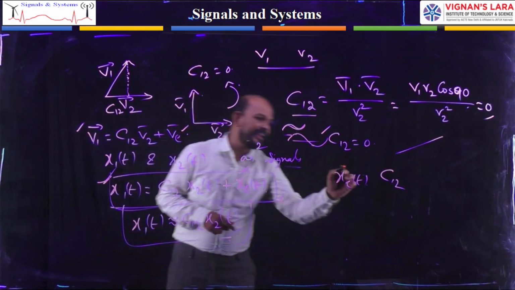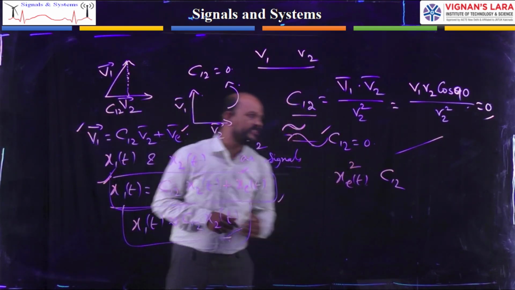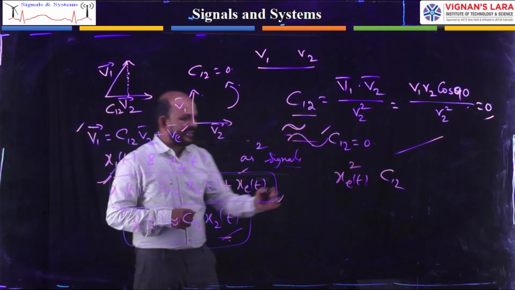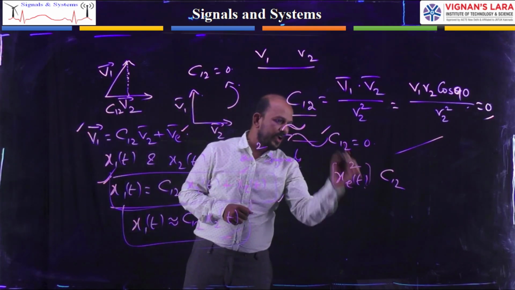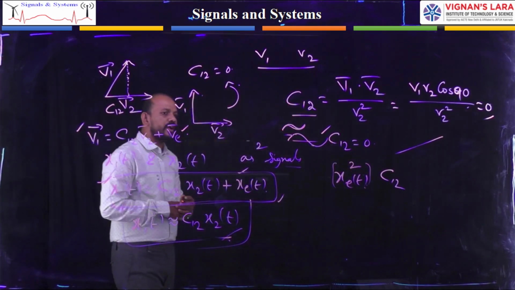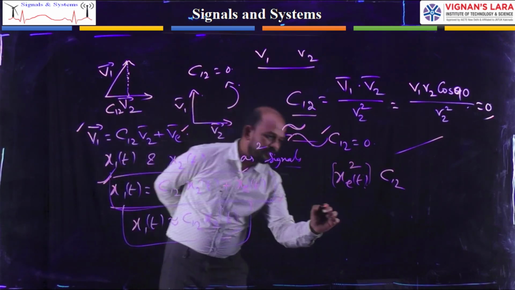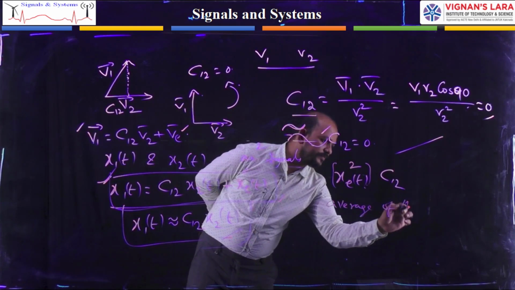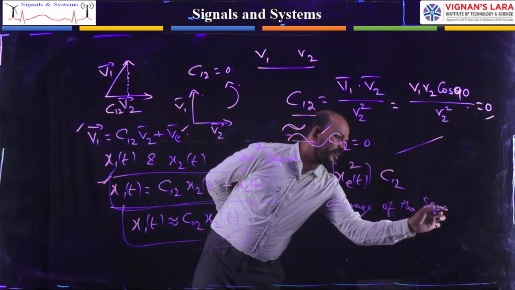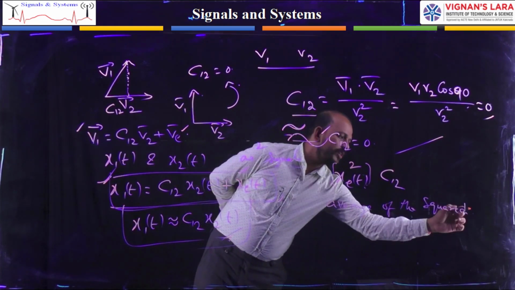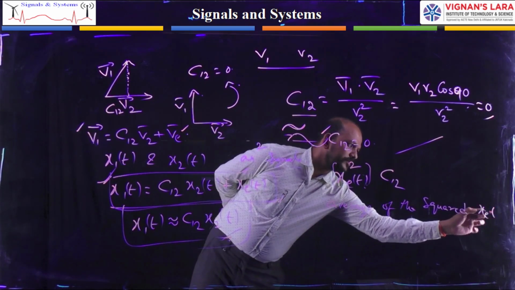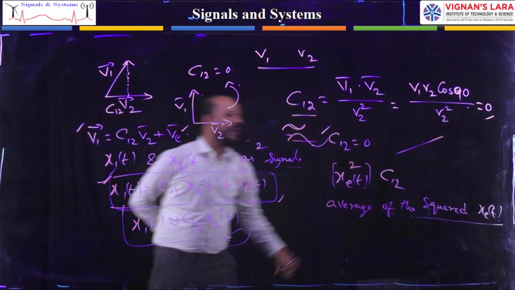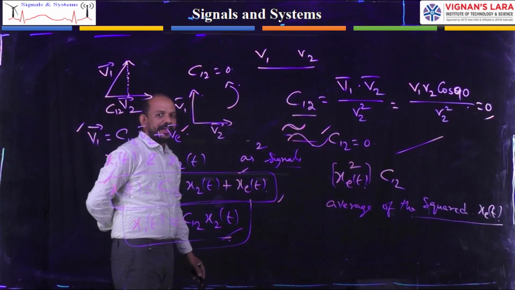The squared value is xe square of t. For this xe square of t, I have to go for the average. That is, we have to find the average of the squared value of xe of t.